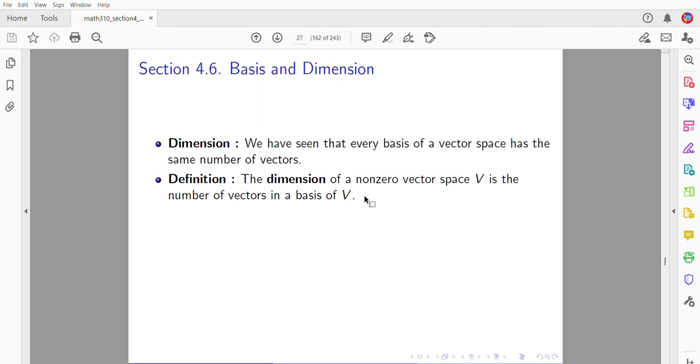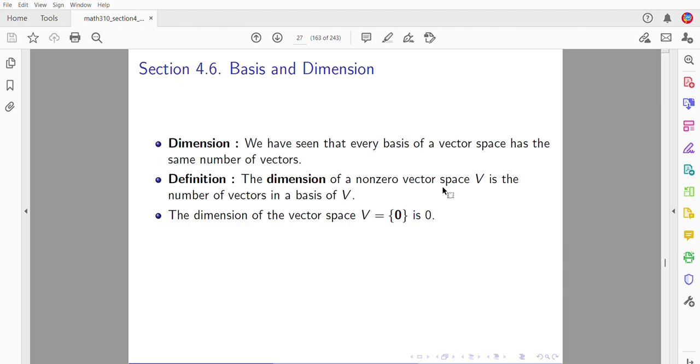That number is called dimension. Notice we are talking about a non-zero vector space. What happens when your vector space is just the zero vector space, that is, the set containing one vector, the zero vector? Its dimension by convention is zero.